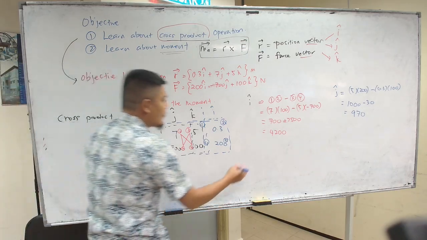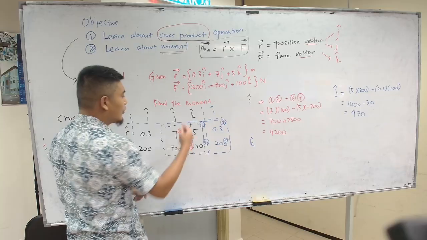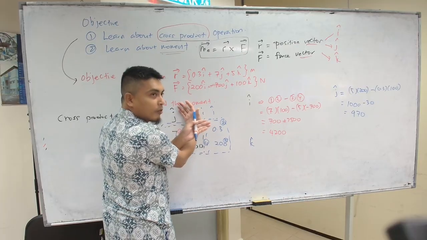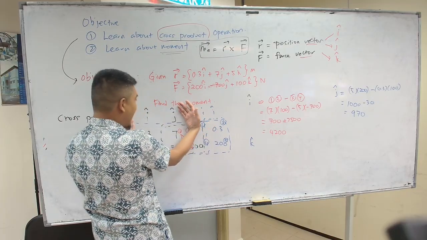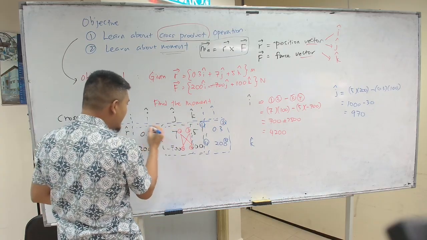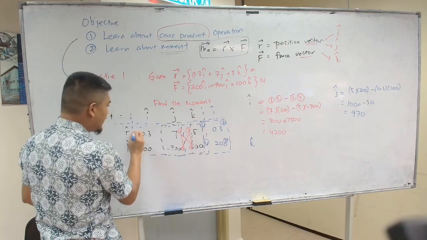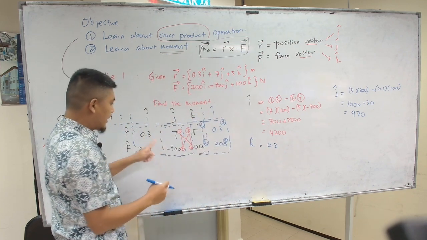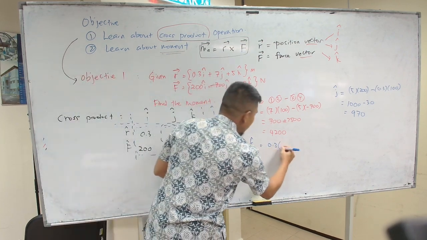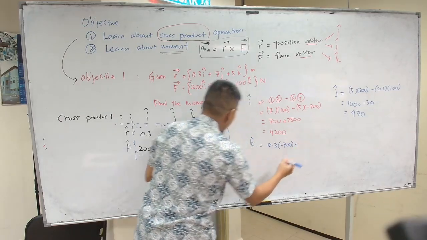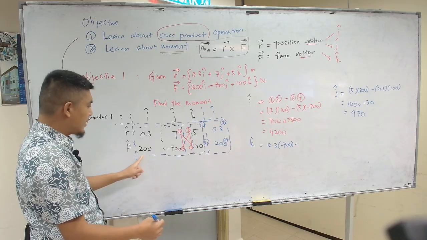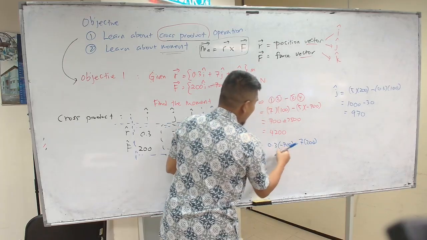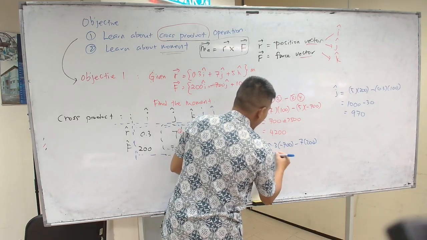And then finally, if you want to find the K, you need to close the K part, left or right, you can form a square. Left, right? I and J, is it? So once again, you form a square, and then you multiply 0.3 with negative 700, minus 7 multiply with 200. 210.